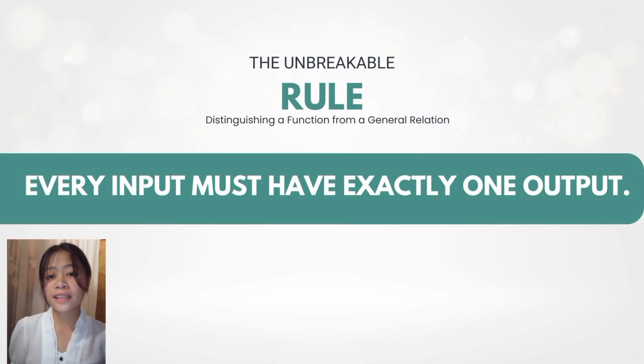If an input in the domain ever connects to two or more different outputs, that connection is instantly broken and the entire relationship is demoted. It remains only a general relation. It is not a function. So we'll run through the three progressive tests required to truly master this distinction, moving from abstract set theory to visual proof.